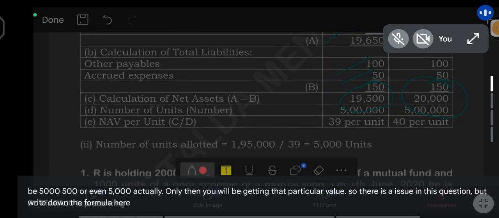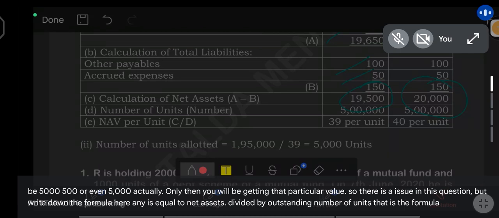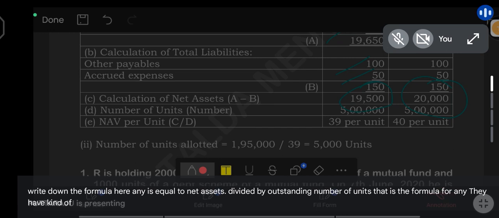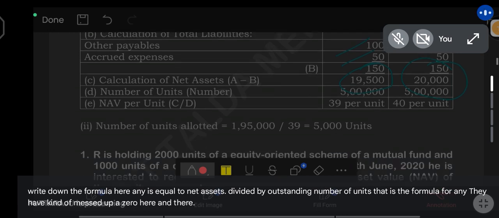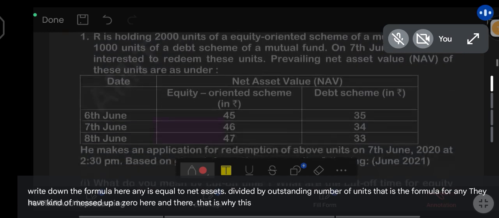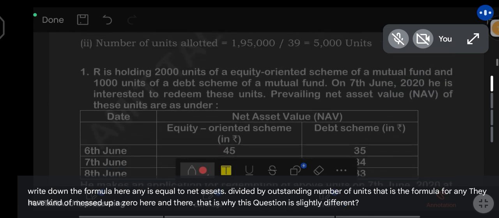NAV is equal to net assets divided by outstanding number of units. That is the formula for NAV. They have kind of messed up a zero here and there. That is why this question is slightly different.